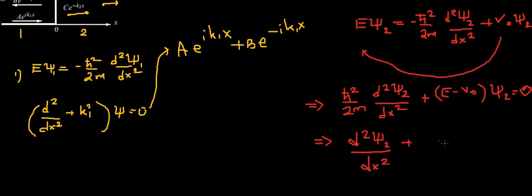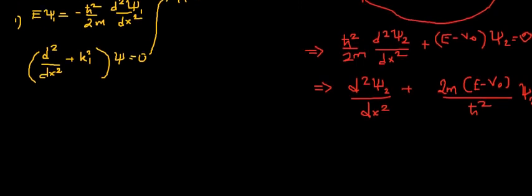Plus 2m (E minus V naught) divided by h cross square psi 2. So you want to do exactly what we did before. But the problem is when you try to define this as k2 square. Why are we writing it in the form of k2 square? Because it will be a very nice oscillatory type equation which is easy to solve.